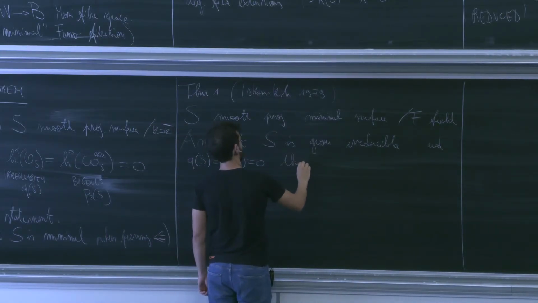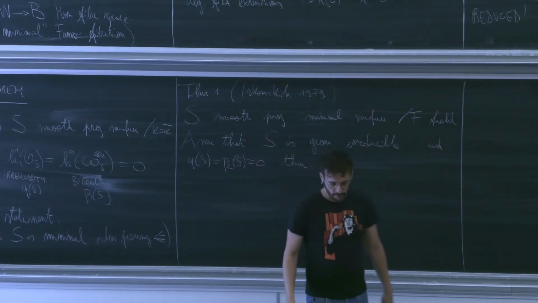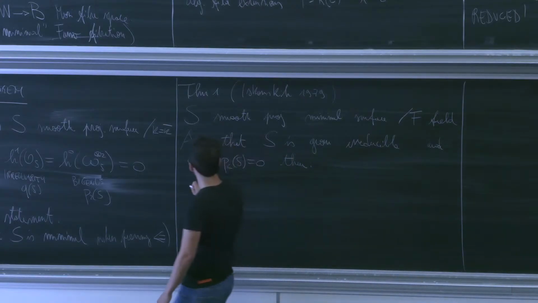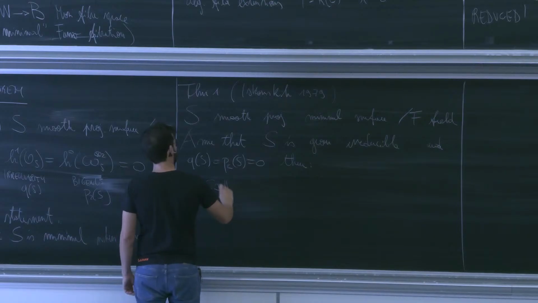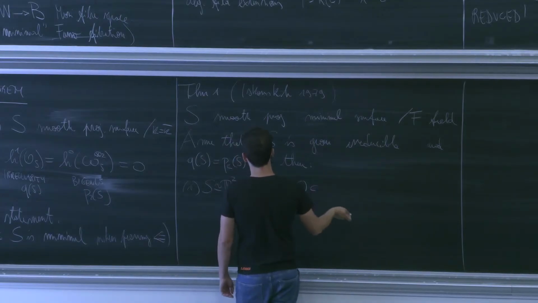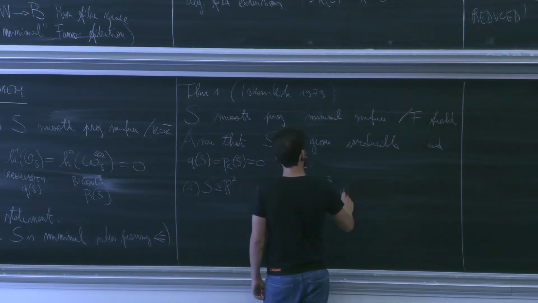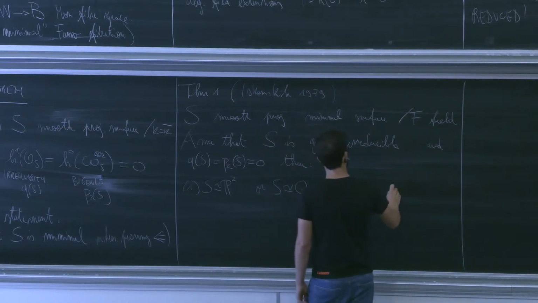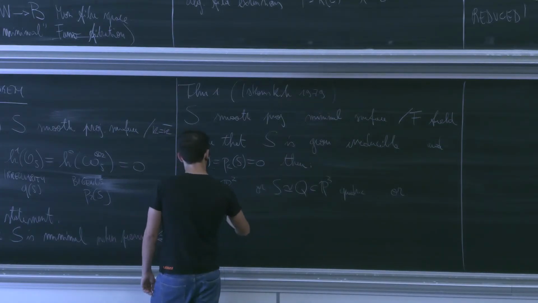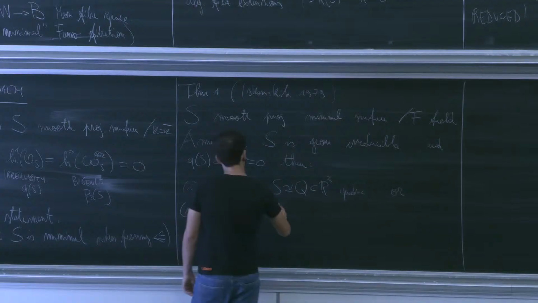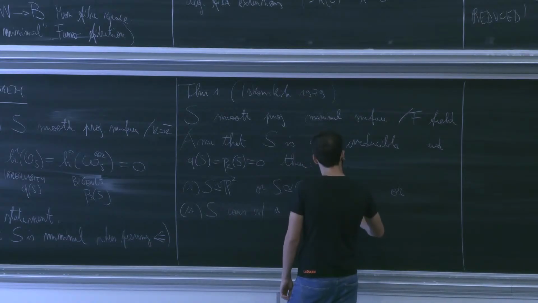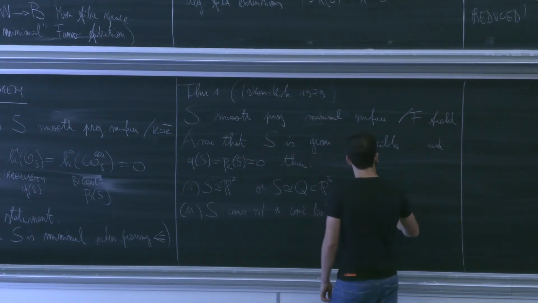Then you have a trichotomy. Either S is isomorphic to P2, or S is isomorphic to a quadric inside P3, or two, S comes with a conic bundle structure over a conic.